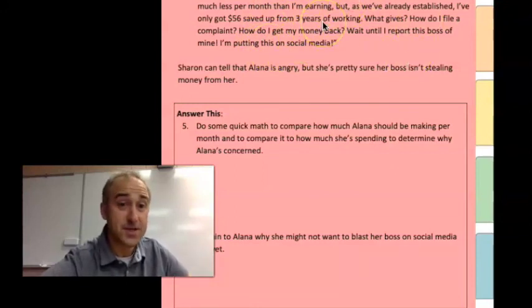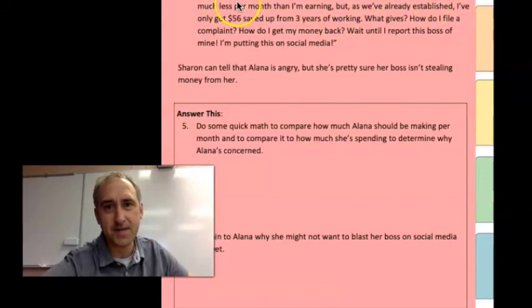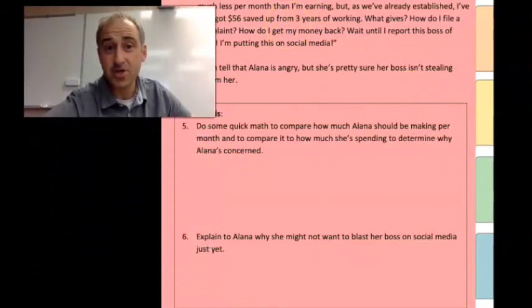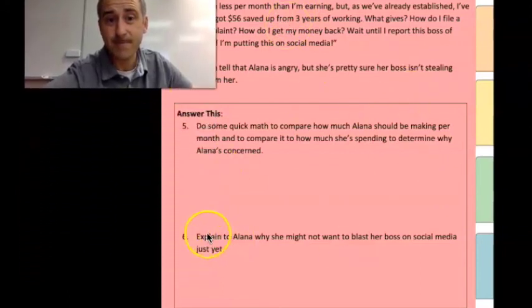There's 52 weeks in a year. She probably doesn't work all of those, but if you want to do a quick calculation, you could take 15 times 11 and then multiply that by 52 weeks to see how much she should be bringing home. You're going to put your answer here on this page under number 5.